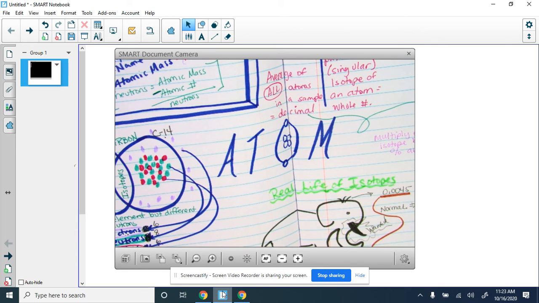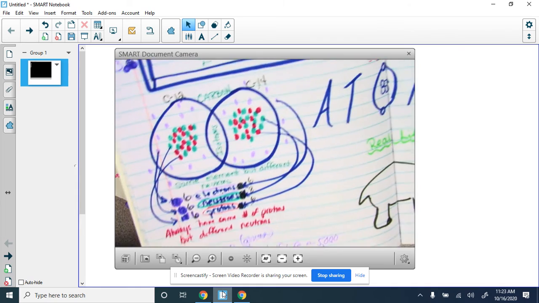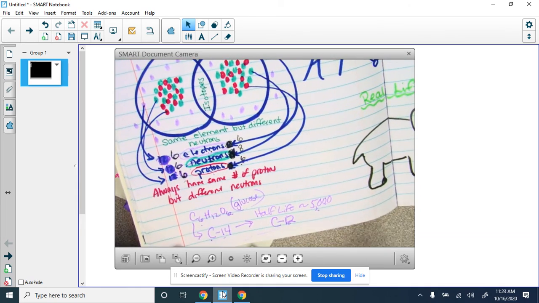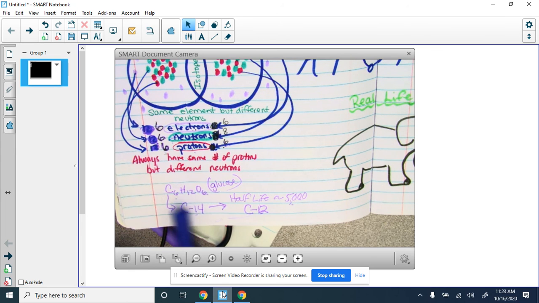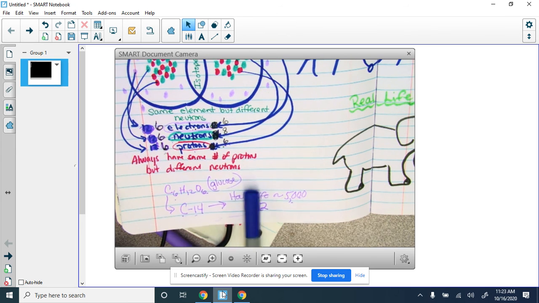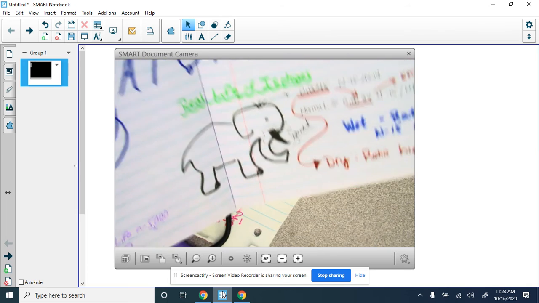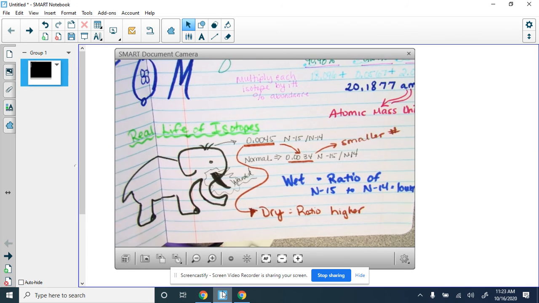I hope that you added to any of the notes that you needed. I did explain one real-world example of why we would need to know isotopes, which would be to identify fossils, like I explained over here. Another one would be to identify and help save elephants.